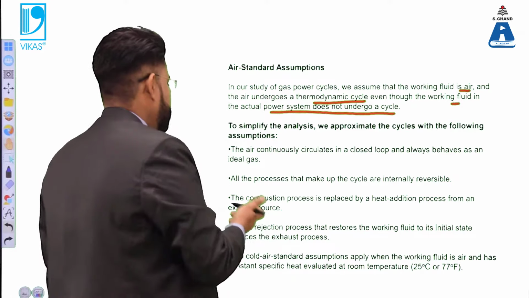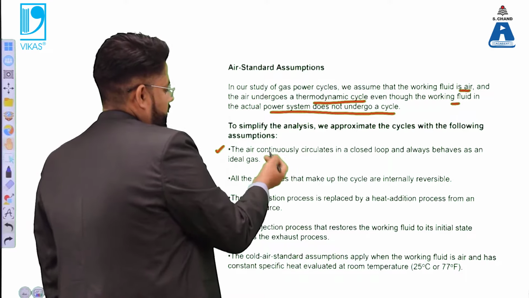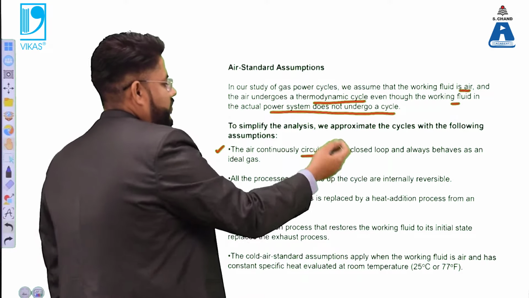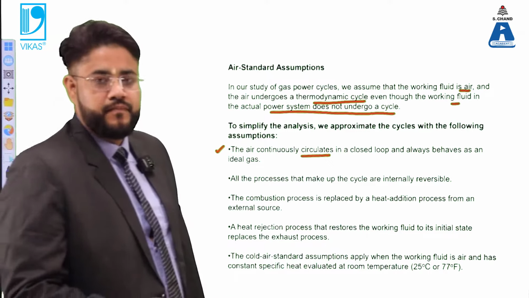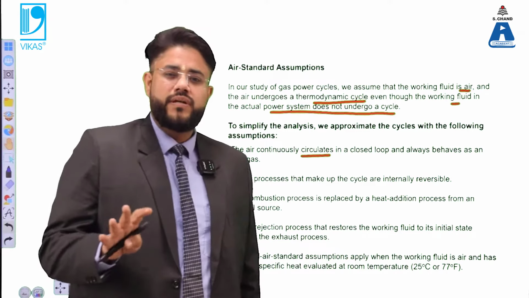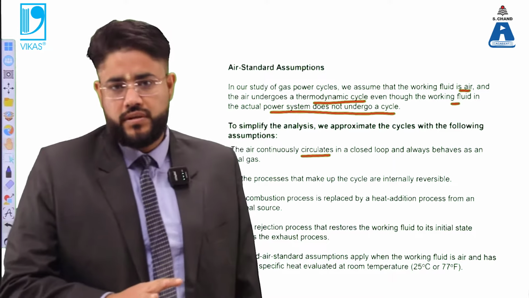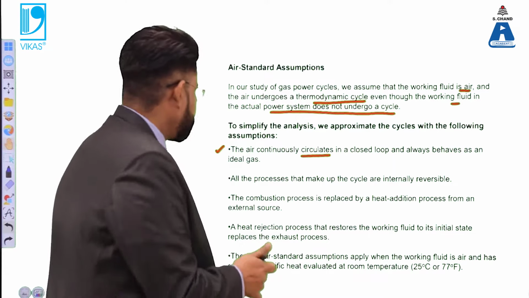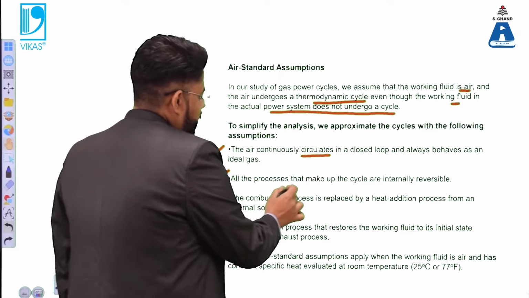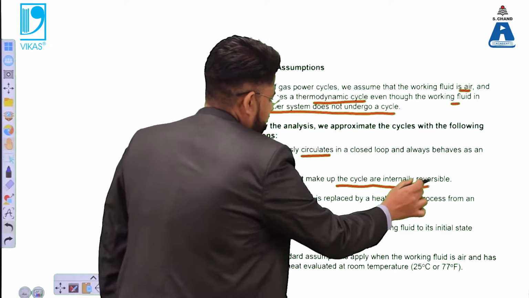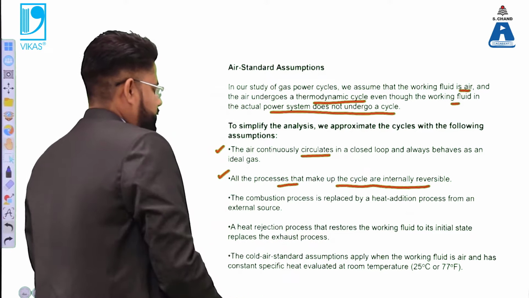In this case we follow certain assumptions, like the air that we are using continuously circulates in a closed loop, and it always behaves like an ideal gas. So all those ideal gas equations are used in these derivations. Then all the processes that make up the cycle are internally reversible.